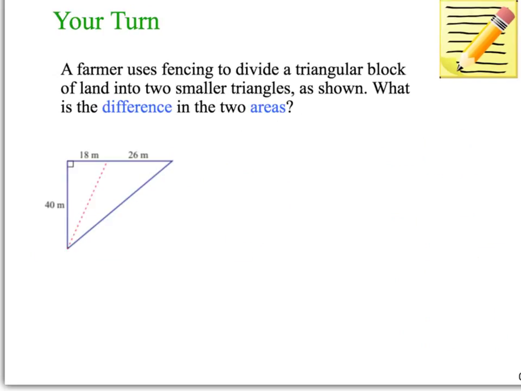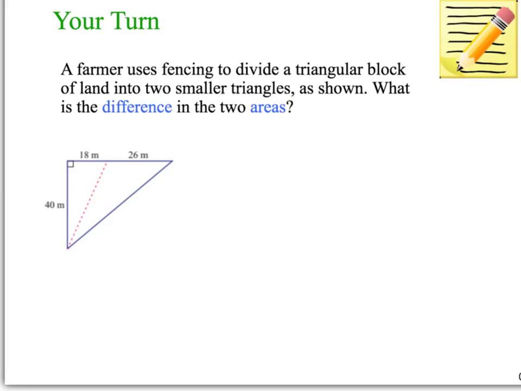Okay, one more. Now for this one, a farmer uses fencing to divide a triangular block of land into two smaller triangles. What is the difference in the two areas? So you need to find out what the difference between this one and this one is. See if you can figure out what you need to do. Okay, I hope you paused the video and worked it out yourself.